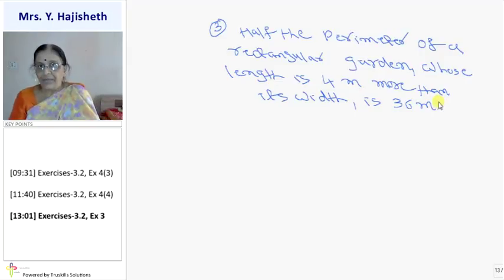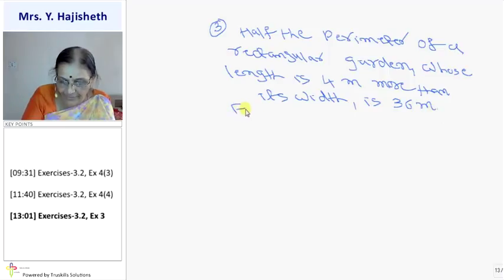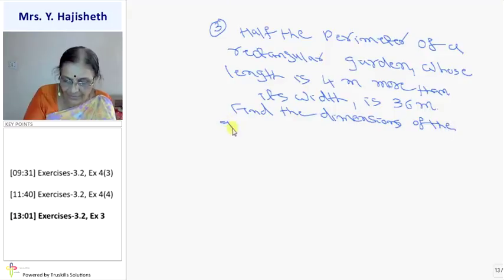Half the perimeter, that means semi perimeter, is 36 meters. Find the dimensions of the garden.